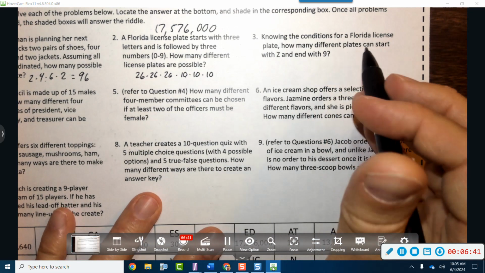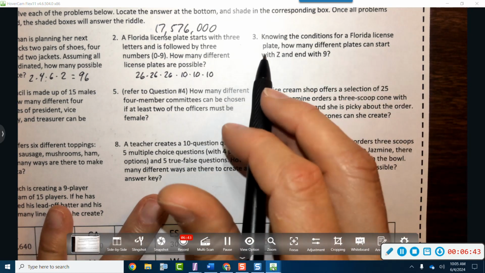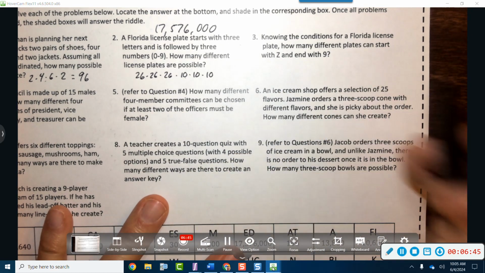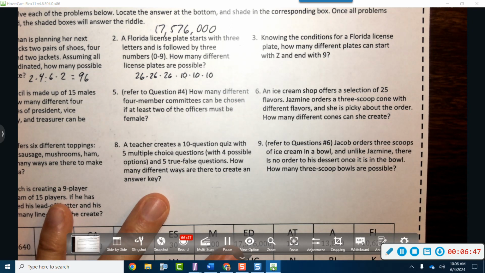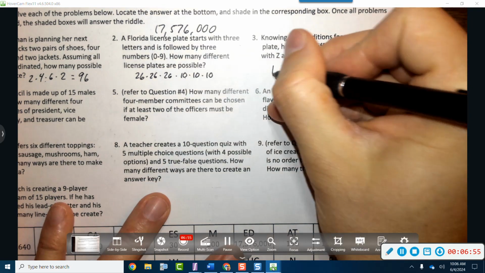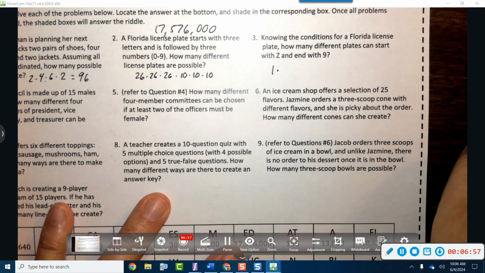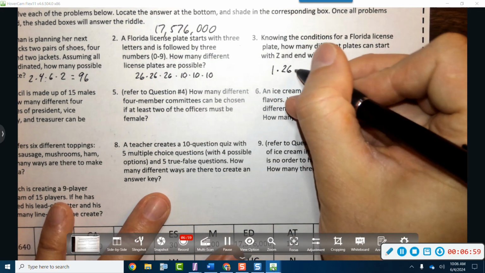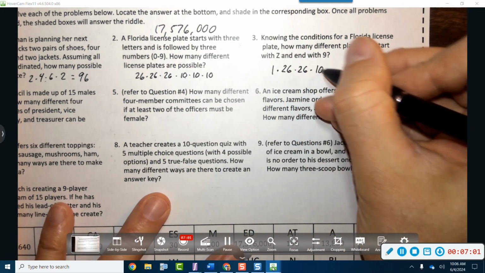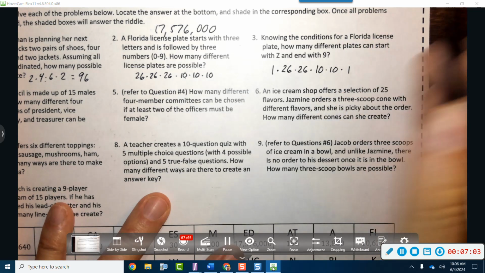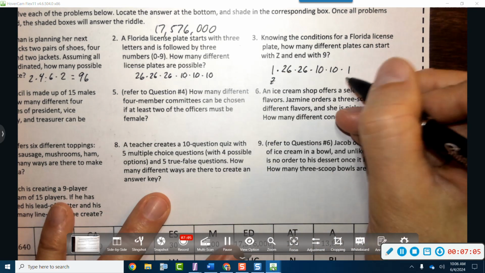Knowing the conditions for a Florida license plate, how many different ways can you start with Z and then end with 9? Okay, well, how many different plates? What they did is they took your choices away for the first slot and the last slot. You can only have one condition for the first slot, so everything else is up and available. But they took away the choices here for Z and for the 9.